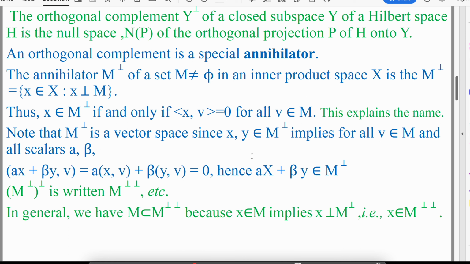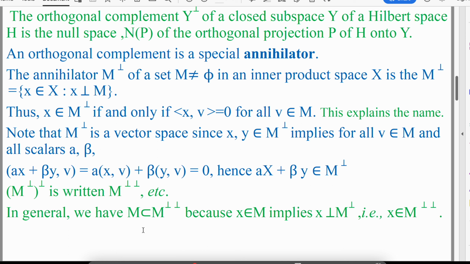It means alpha x plus beta y belongs to the orthogonal complement of M. And we write the orthogonal complement of M like this.